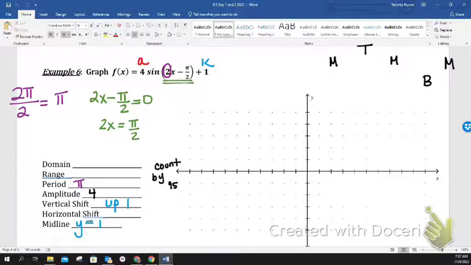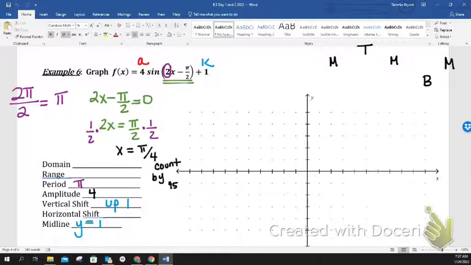So when I add the pi over 2, I get 2x equals pi over 2. And then I'm dividing by 2, which is the same thing as multiplying by 1/2. So I end up with x equals positive pi over 4.